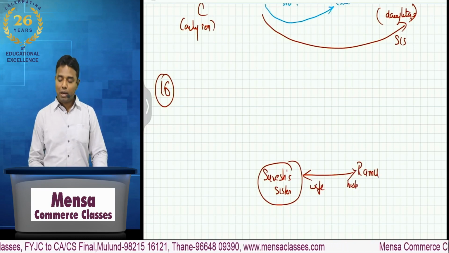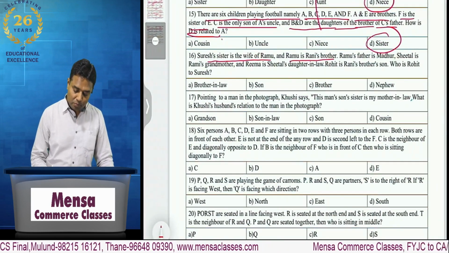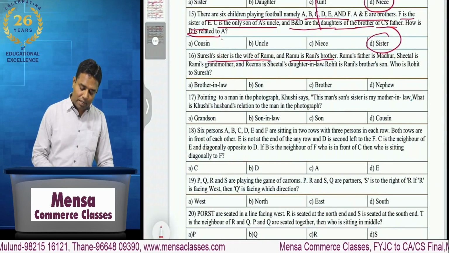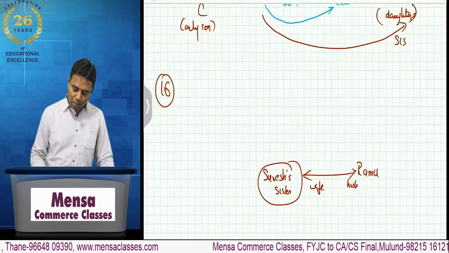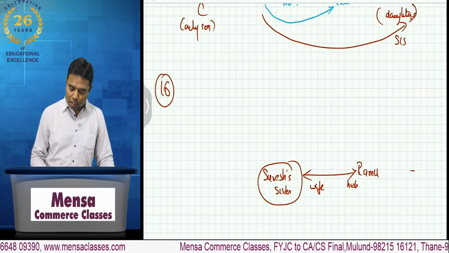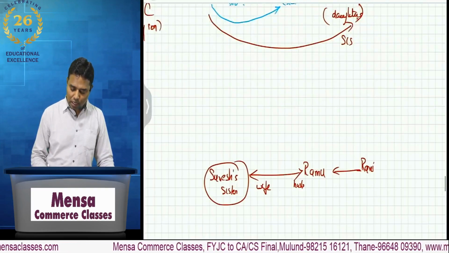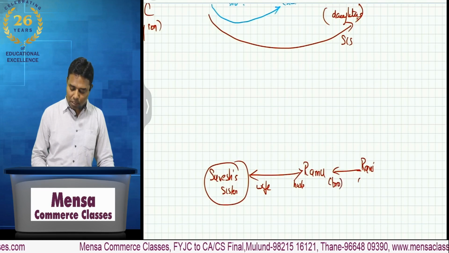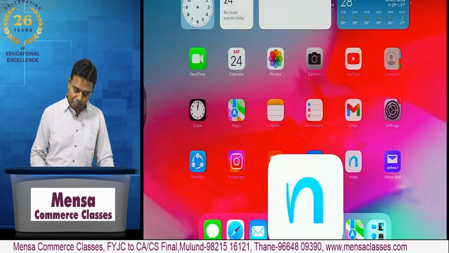What does the next part say? Ramu is Rani's brother. So another relation. Here is Rani. She will say, this is my brother, this is my sister. That is the relation that's building up.